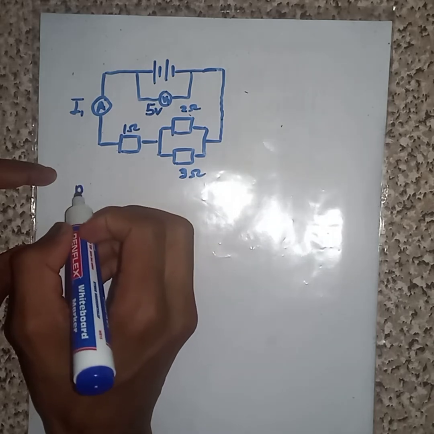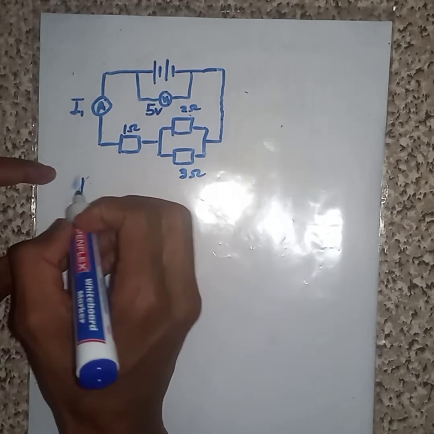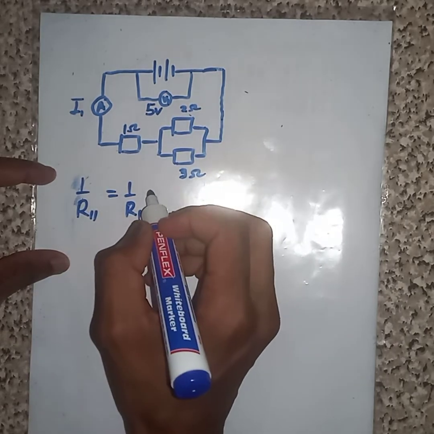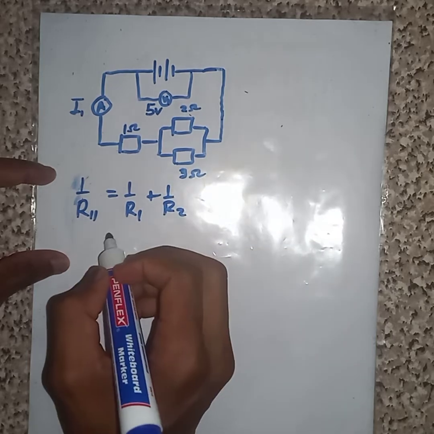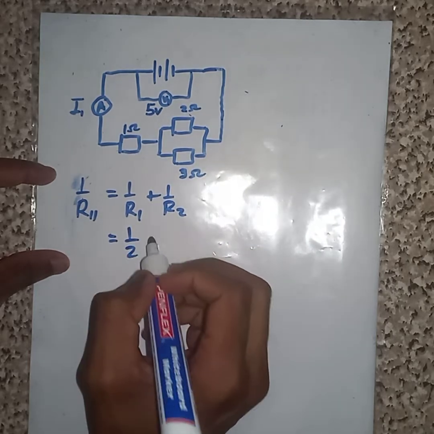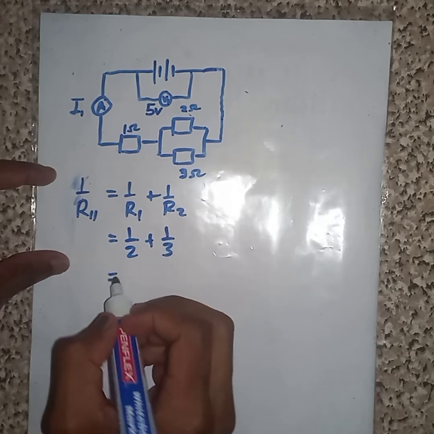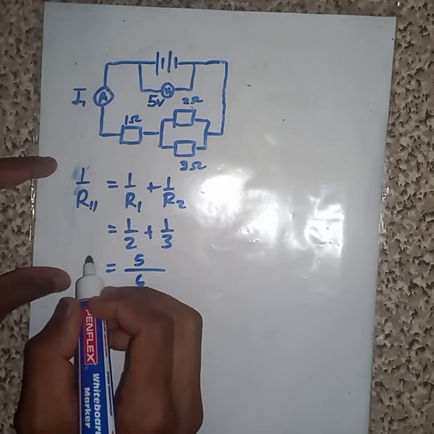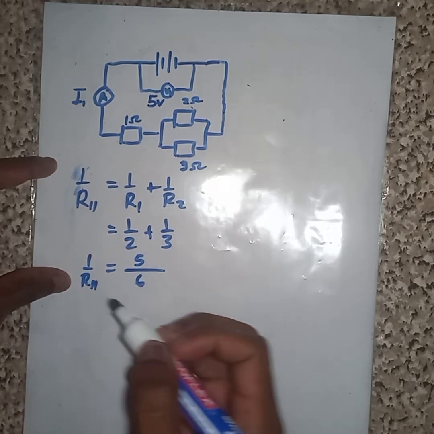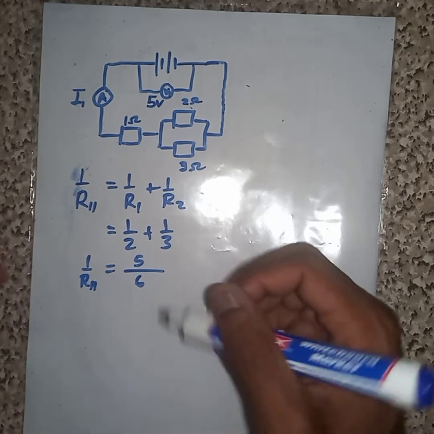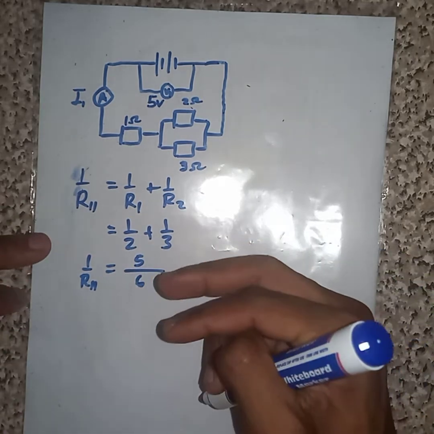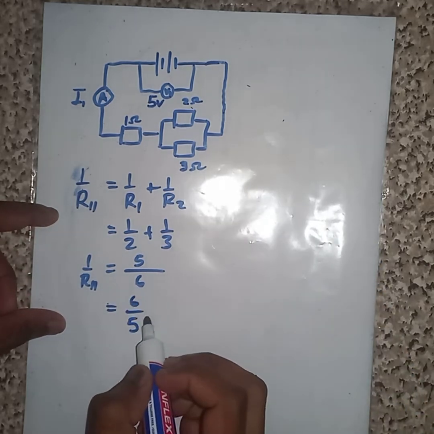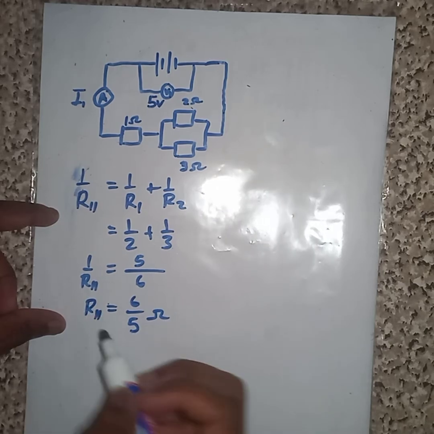We are going to say 1 over R parallel is going to be 1 over R1 plus 1 over R2, which is going to be 1 over 2 plus 1 over 3, which is equal to 5 over 6. Then to find R parallel, we switch them, like this. Then we get 6 over 5 ohm, which is RP.